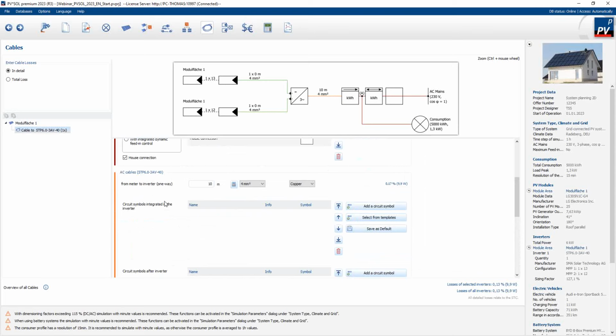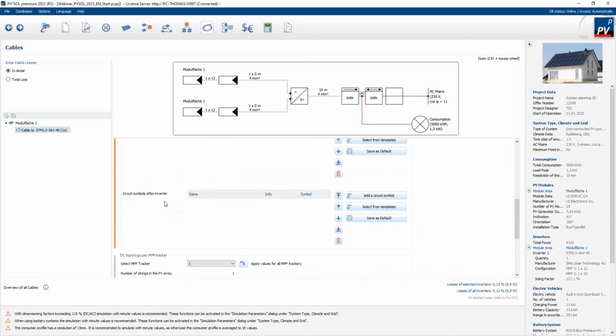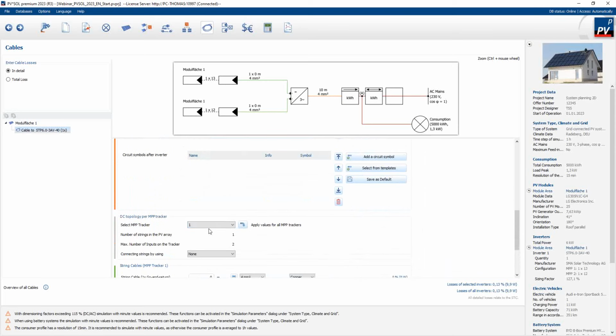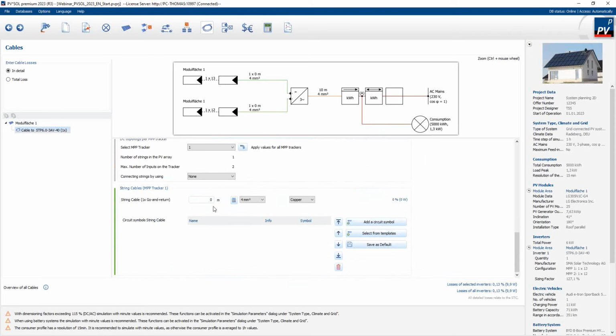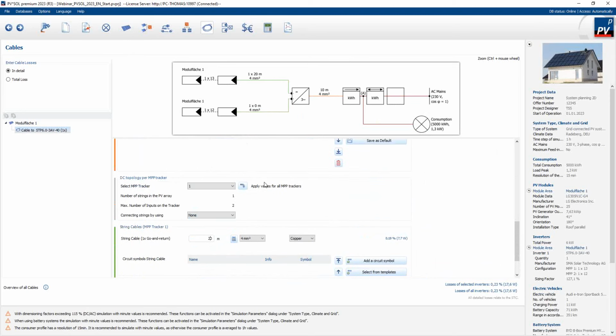For the AC cables, we only have to enter the one-way length. So that means we have to enter here 20 meters, 4 millimeters square in copper. And we would like to apply these for all MPP trackers because it's not only one roof, it's not a separate building, a garage where the distance is higher.